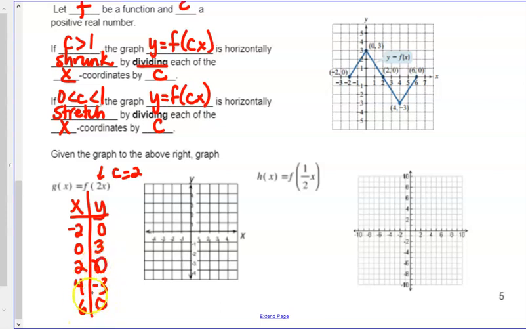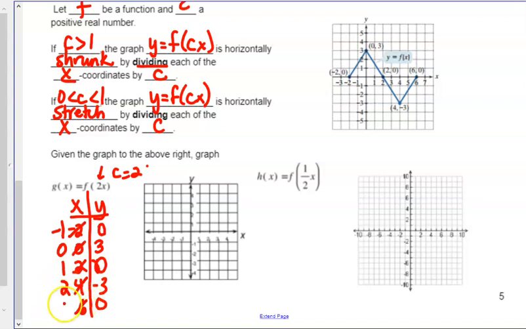Now, since we have a horizontal shrinking, with c being equal to 2, or bigger than 1, we are going to divide each of my x coordinates by c. So we need to divide them in this case by 2. So -2 divided by 2 is -1. 0 divided by anything is still 0. 2 divided by 2 is 1. 4 divided by 2 gives me 2.